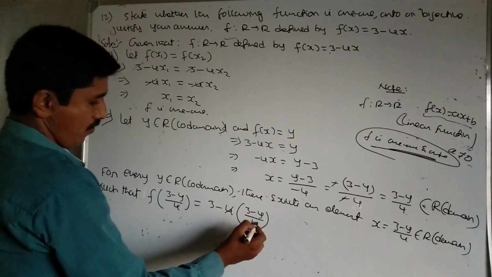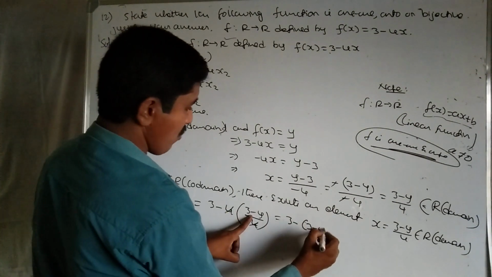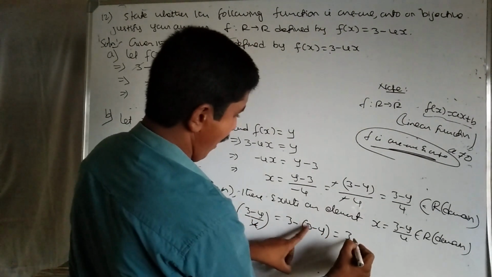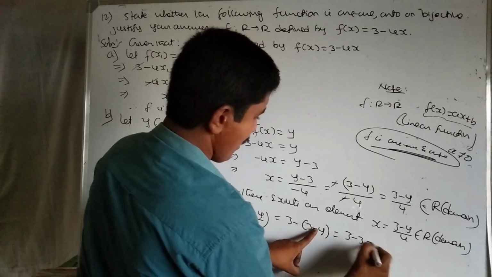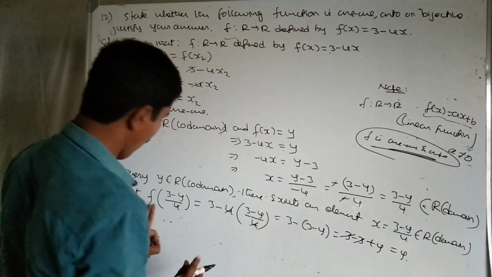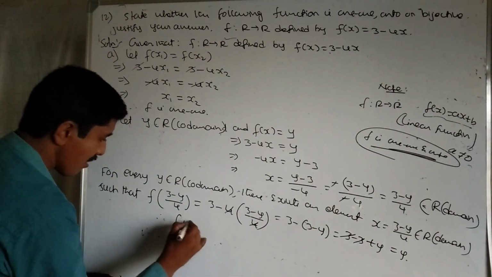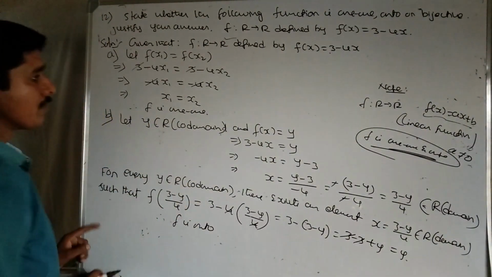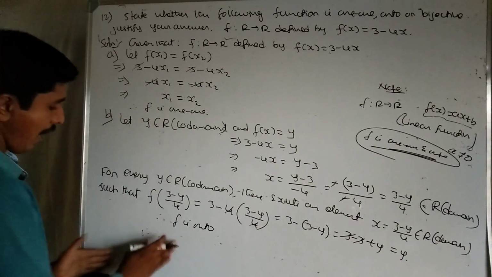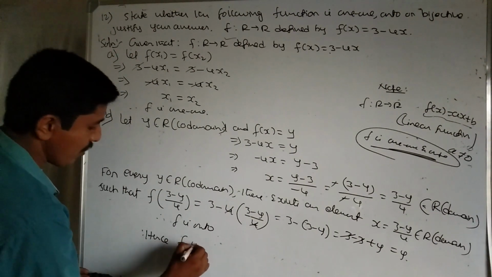The 4 gets cancelled: 3 minus of (3 minus y), minus into 3, minus into minus is plus. This is y. f of x equal to y, so clearly the function is onto. Clearly this function is 1-1 and onto, so clearly the function is bijective. f is bijective.